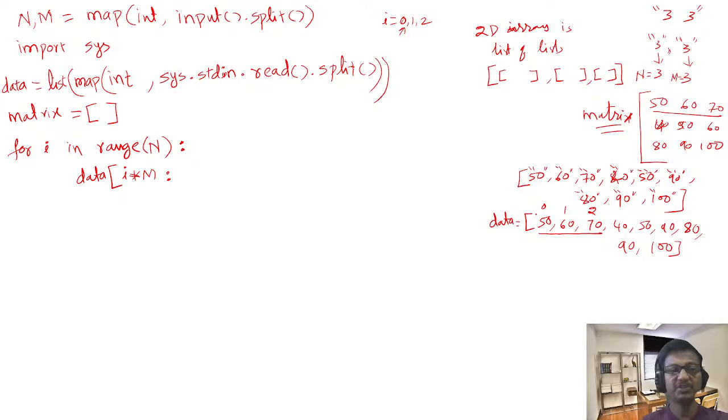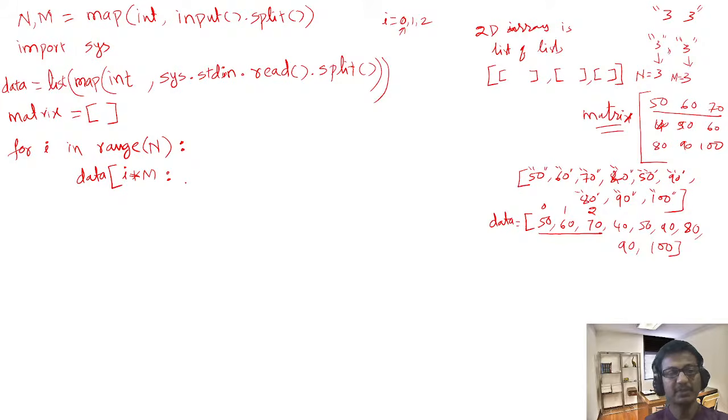The i value is 0 and the m value is 3 here, so 3 multiplied by 0 means 0. That means starting from index 0, up to which value do I want? I want up to 2 here. 2 is nothing but the value before 3, our number of columns here. So I should stop at 2.